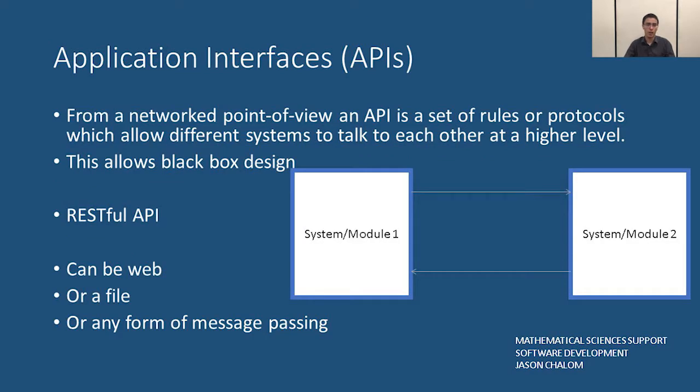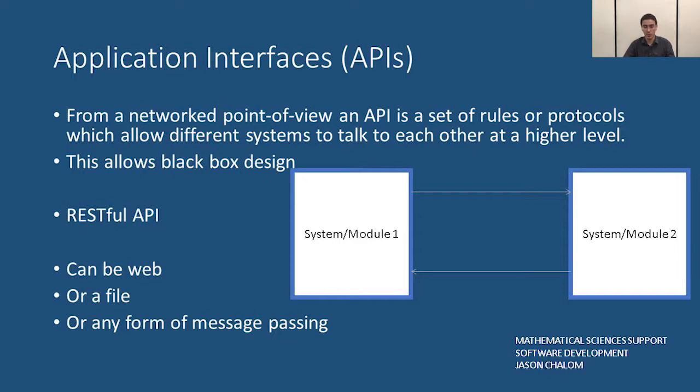Application interfaces are the interfaces between any applications or parts of applications, modules. The internet works in this way, but any kind of program system that has a communication interface is essentially using an application interface. So here you can see in the diagram that there are 2 systems or 2 modules that are communicating with each other.